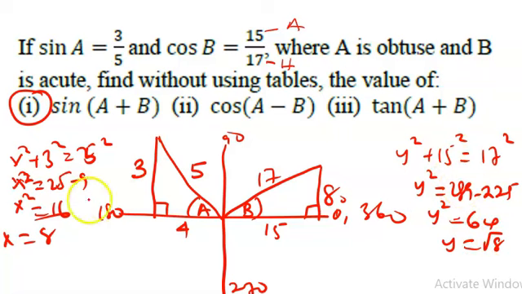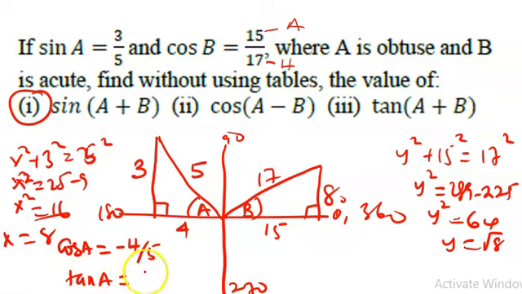Okay. Now, if we are able to find all the sides, we need to find cos A. Cos A is in the second quadrant, so cos is negative. So cos A will be adjacent over hypotenuse, minus 4 on 5. And then tan A will also be negative, opposite over adjacent. So minus 3 on 4.